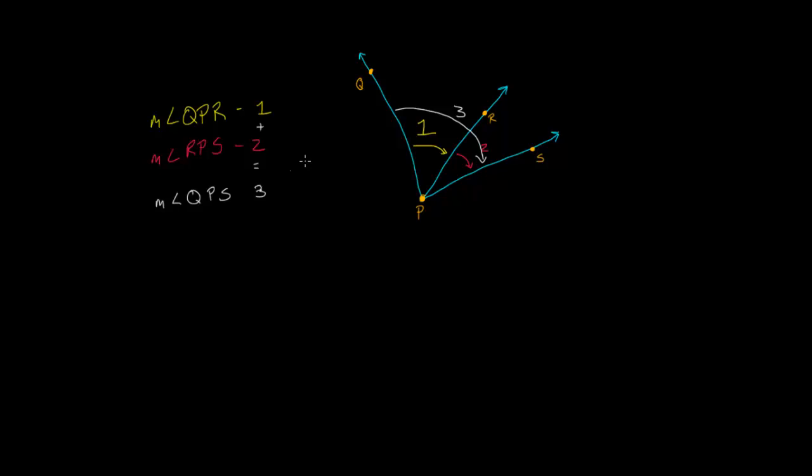When we add them together, we add this section and this section, obviously we get this section. So if we can say that this is true, then we can say that R, our point R, is on the inside of that angle. So let's look, I'm going to let you look at example 4, and we will move on to example 5.